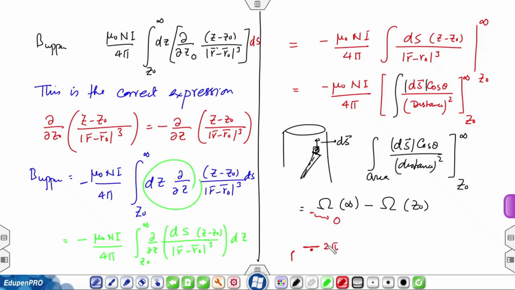And therefore, I can write this expression for B as, so this whole thing therefore becomes minus mu naught n I over 4 pi, 0 minus 2 pi, which is nothing but mu naught n I over 2.